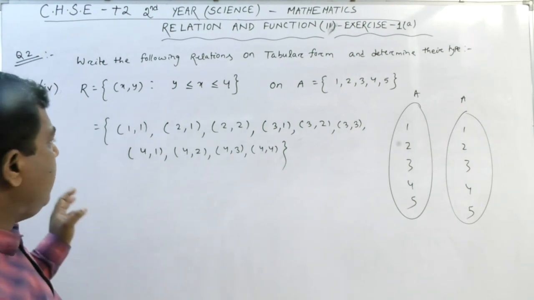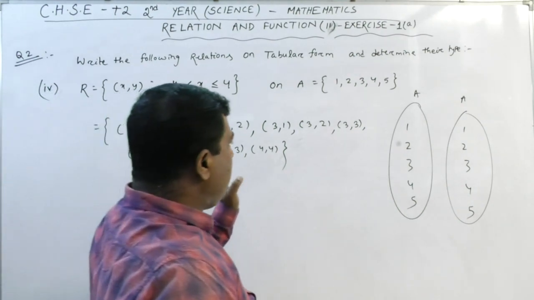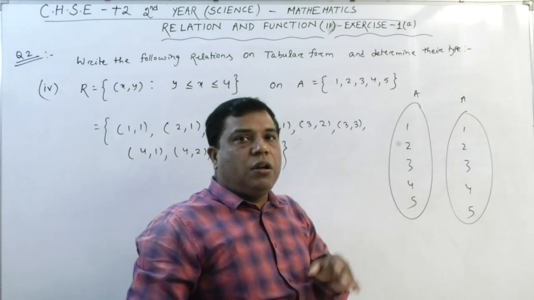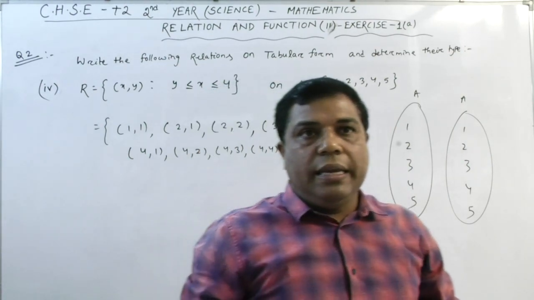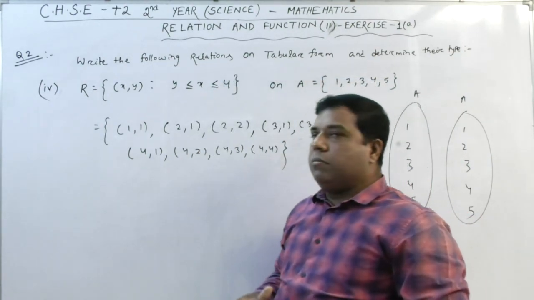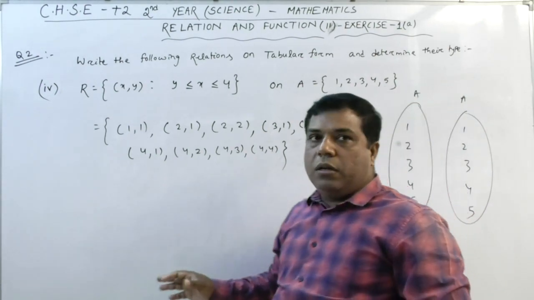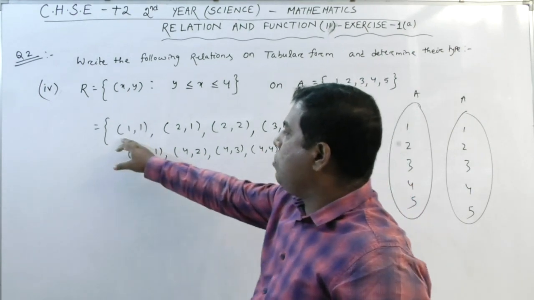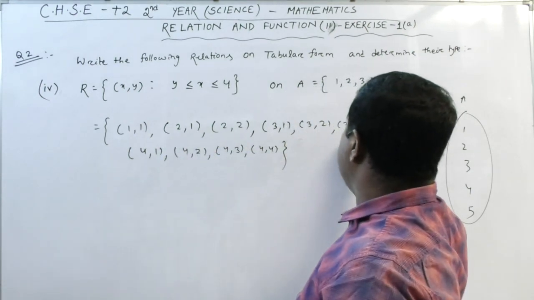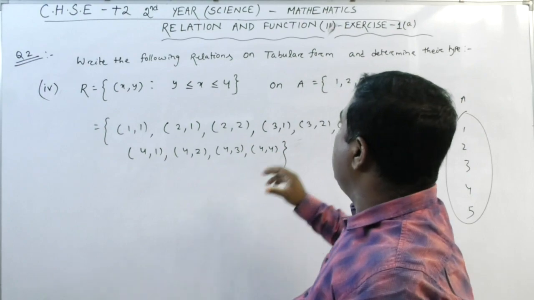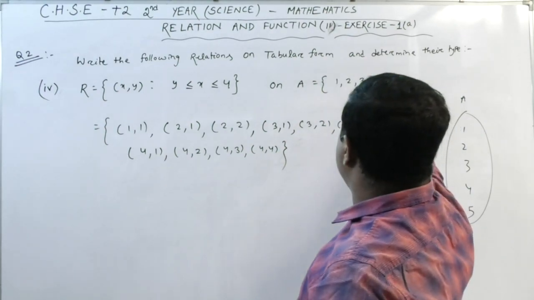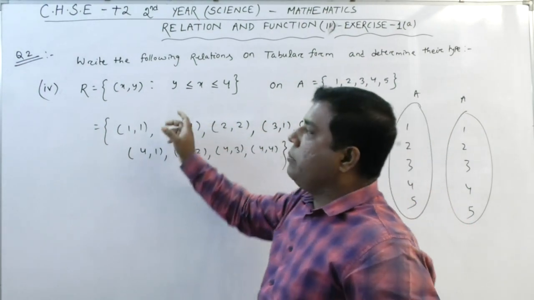Clear? Now we have to specify what type of category this relation falls under. Is it reflexive? It is not reflexive because, among the identical pairs, you see 1, 1 is there, 2, 2 is there, 3, 3 is there, 4, 4 is there. But for all elements belonging to set A, the 5, 5 pair is missing.